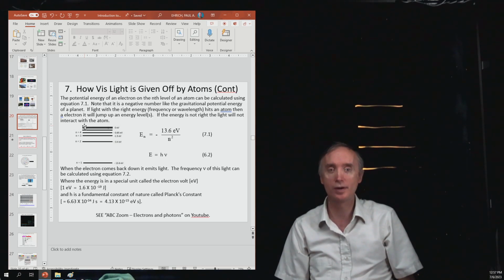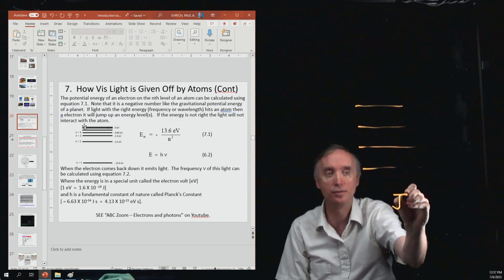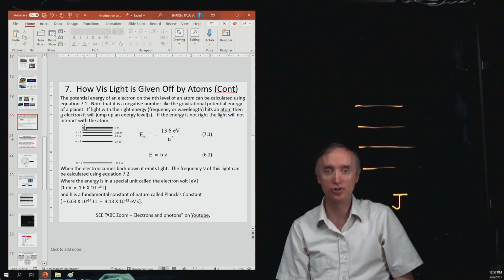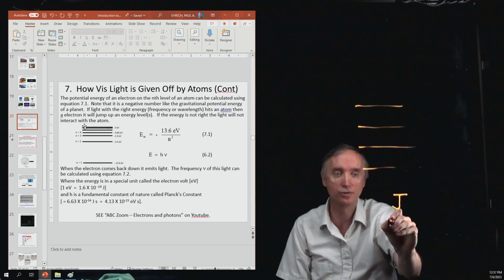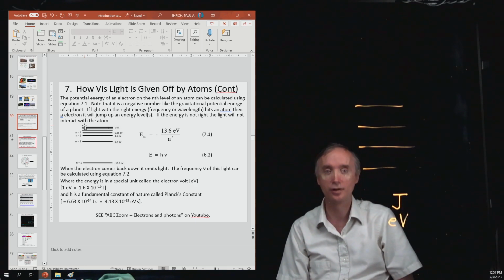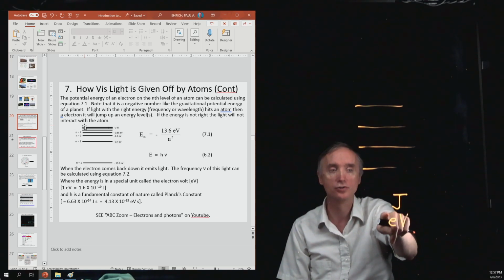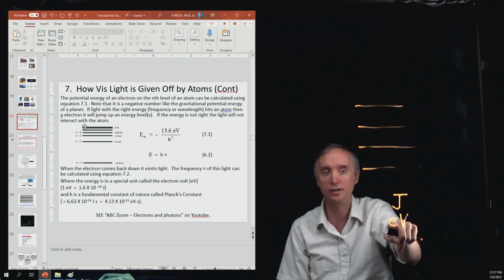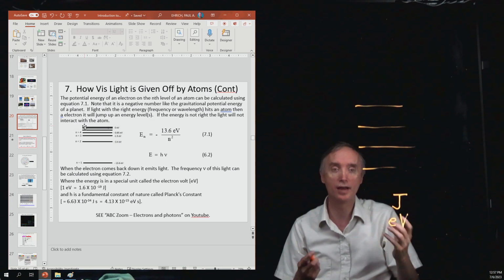It also has a special unit. Energy is normally in the metric system given by J for joules, but in that formula it has a special unit called the electron volt. Don't worry about it. It's a very, very small quantity of energy that is associated with the energy of atoms.